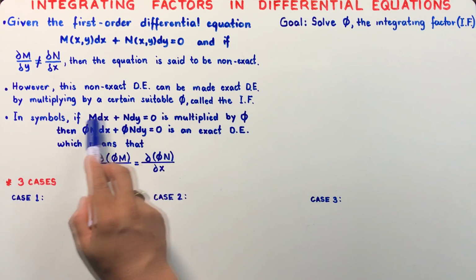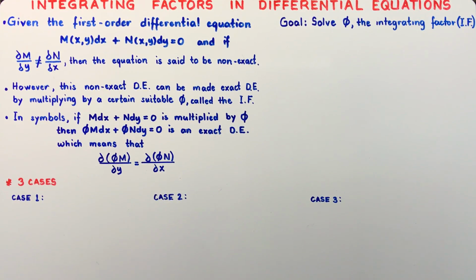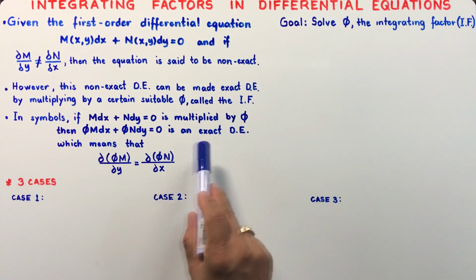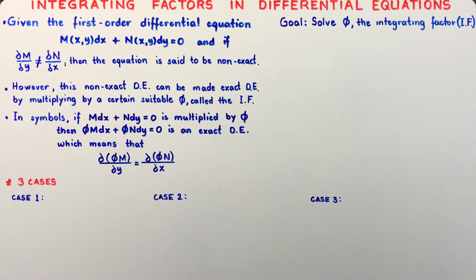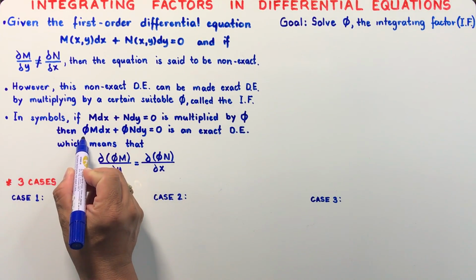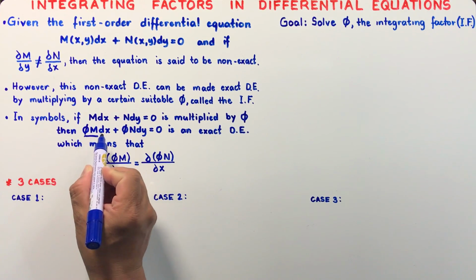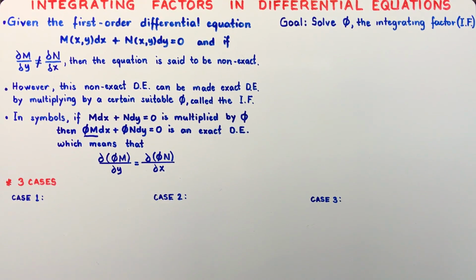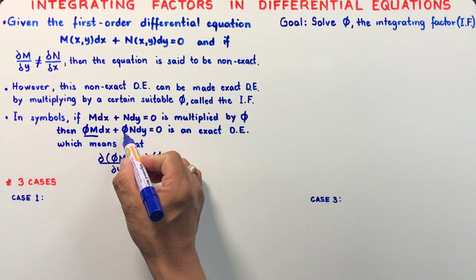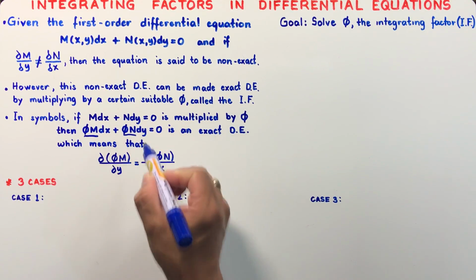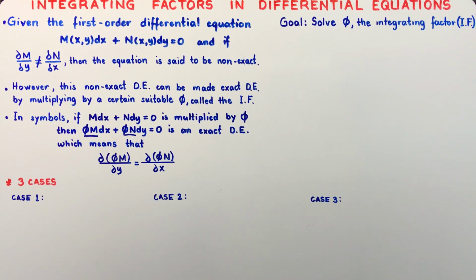And this resulting differential equation is now an exact differential equation, which means that when you take the partial derivative of the multiplier of dx with respect to y and the partial derivative of the multiplier of dy with respect to x, they are equal.